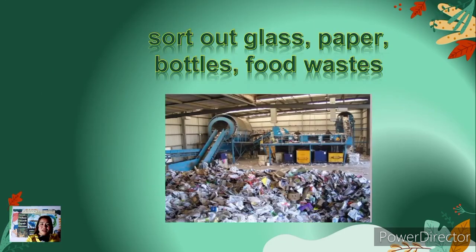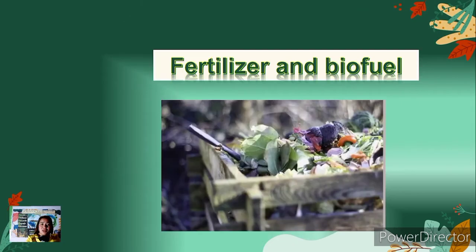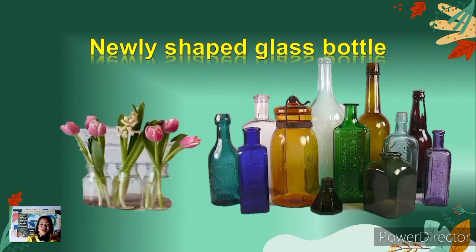This facility will sort out glass, paper, bottles, food wastes into products such as fertilizers and biofuels from food waste, and newly shaped glass bottle for food containers.